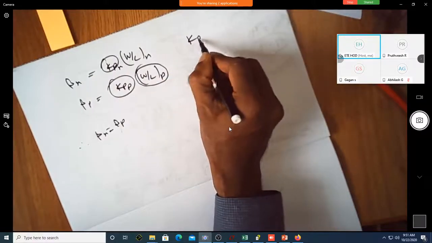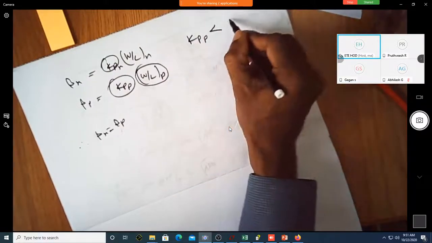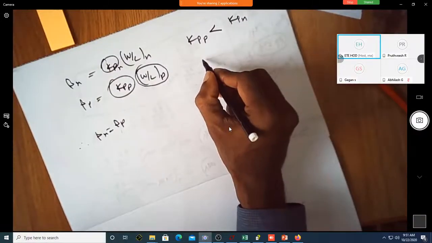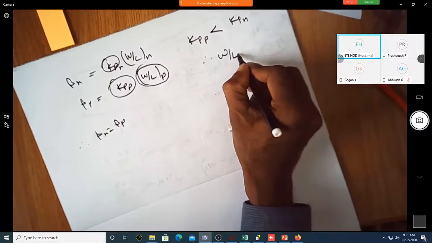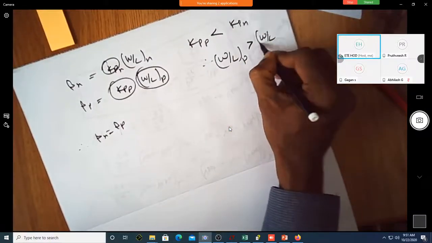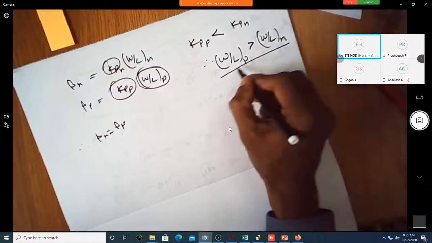Because Kp of p is always lesser than Kp of n, therefore I have to make W by L of p greater than W by L of n. Why do you have to make this?